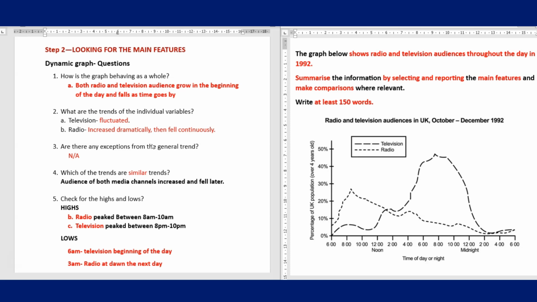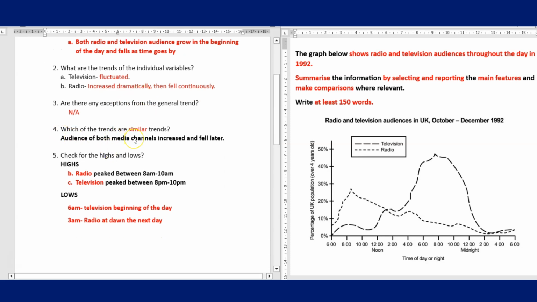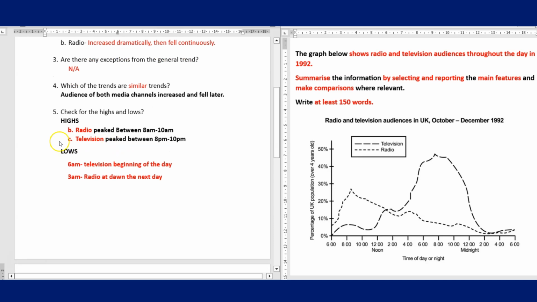Some of them are specific, some of them are quite detailed, so we'll be using them as we are writing our essay. We saw that both audiences increased and fell later. We saw that radio peaked in the morning and television fell by night. That is something very, very clear.